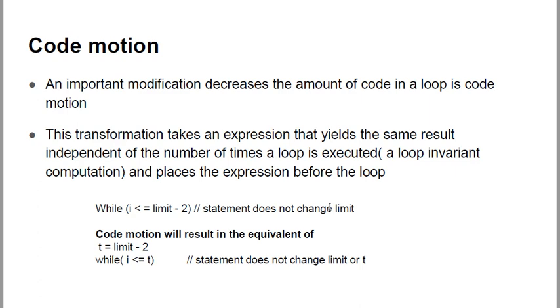So over here you can see this while I is less than limit minus 2. So this computation is done once inside the starting of the loop. Always when you go inside, this limit minus 2 is being checked.